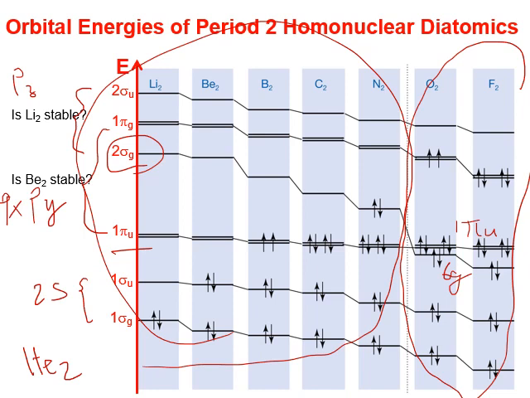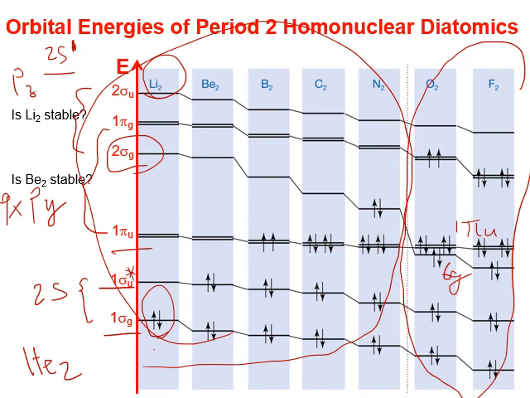So let's explain whether the lithium molecule exists. Lithium has 3 electrons, of course, only one valence electron. So 2s is the valence orbital and has 1 electron. Now you have 2 lithium atoms, so the total valence electrons is 2, and both electrons occupy the molecular orbital 1 sigma g. As we know, 1 sigma g is bonding, 1 sigma u is anti-bonding.